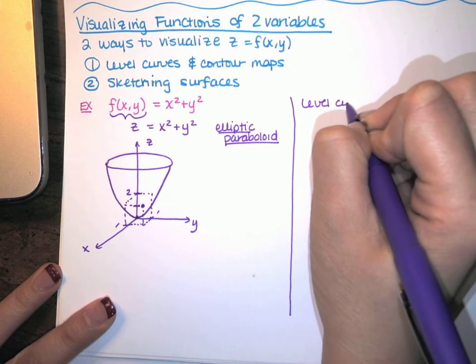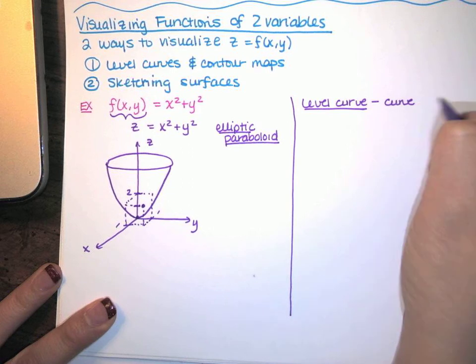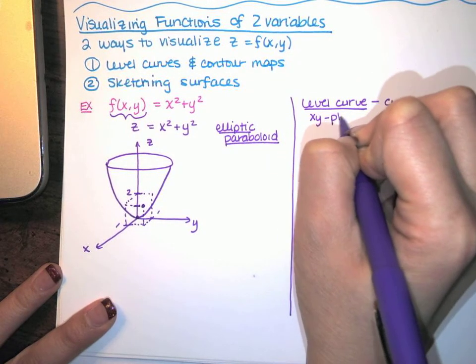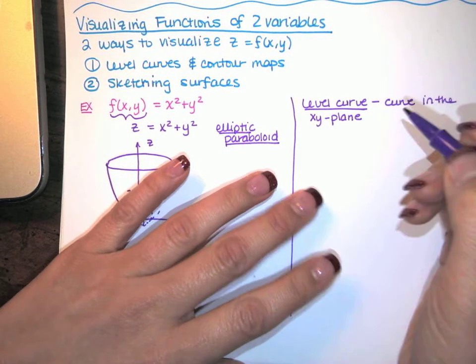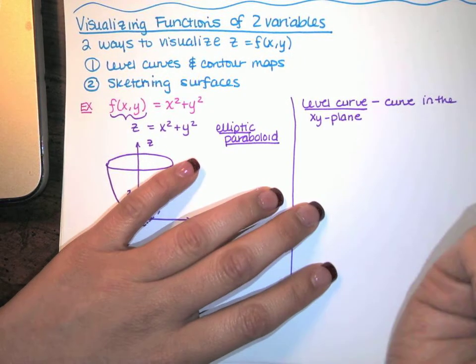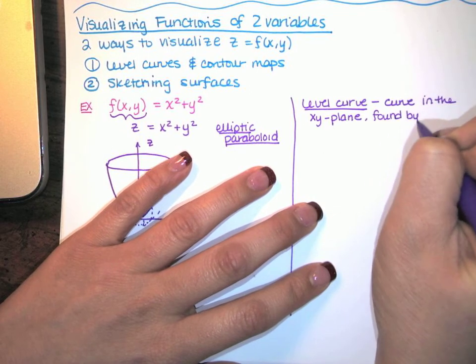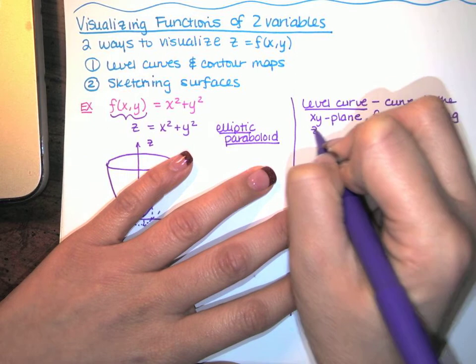A level curve is just going to be a curve in the xy plane, found by setting z equal to a constant and then just rearranging the equation.